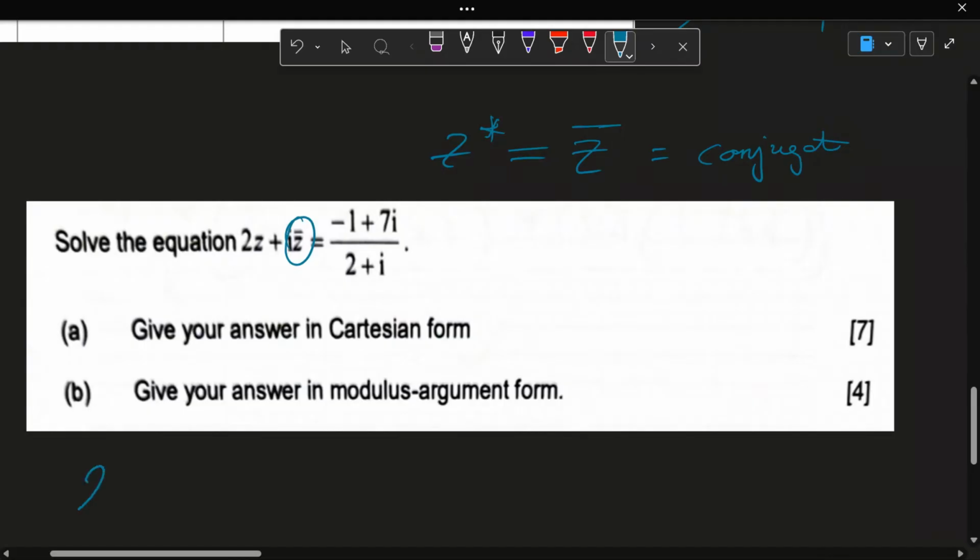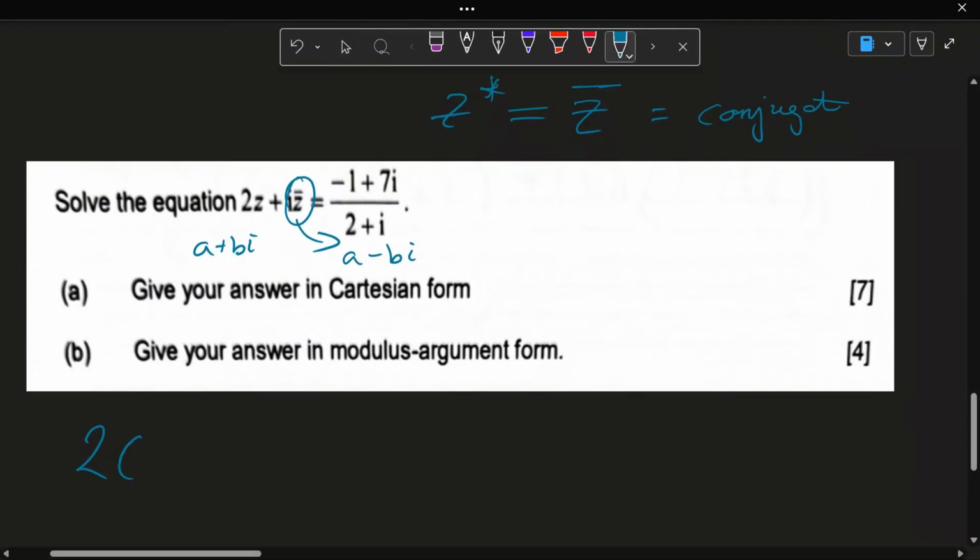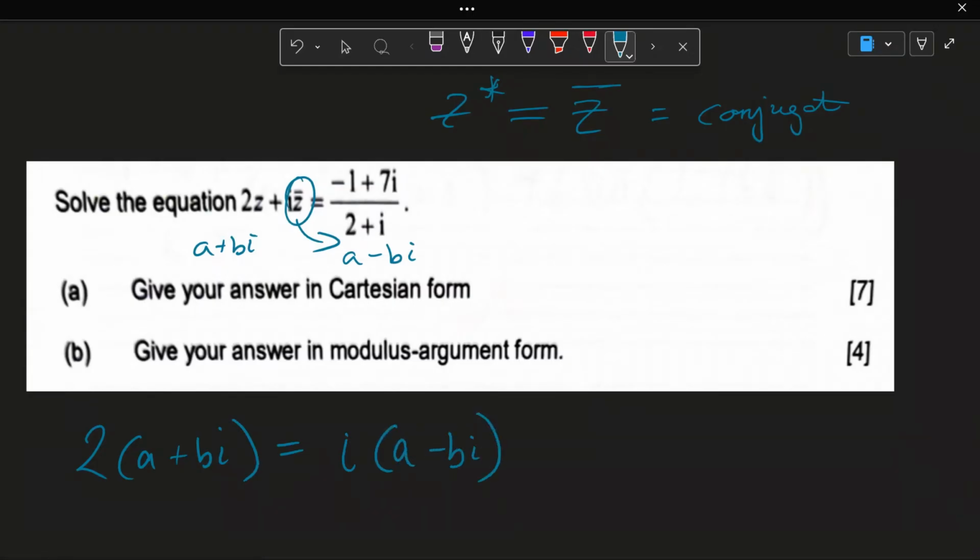Fine, so like before, z equals a plus bi, z conjugate is a minus bi. (2a plus bi) equals (a minus bi)... equals (minus 1 plus 7i) over (2 plus i).